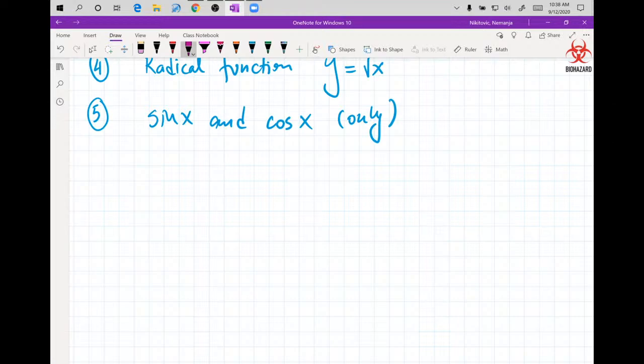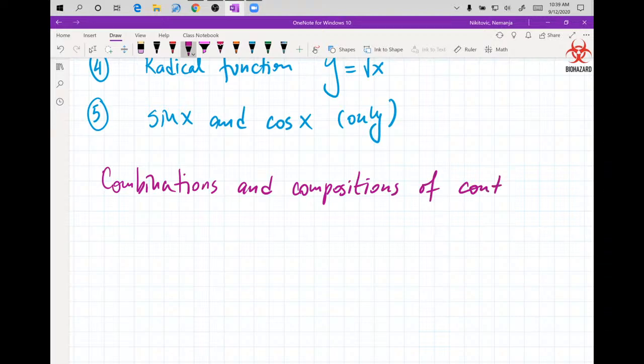This one says that combinations and compositions of continuous functions give a continuous function.